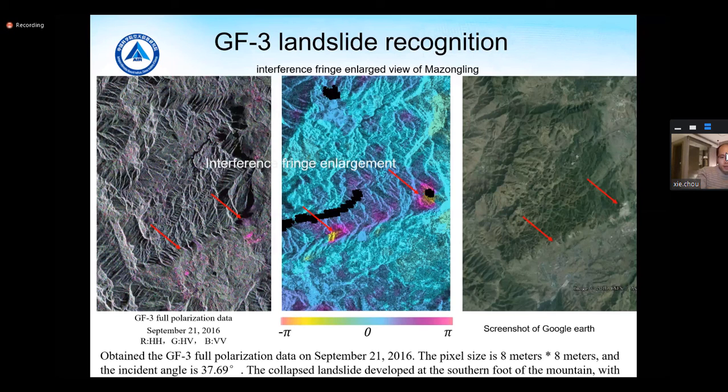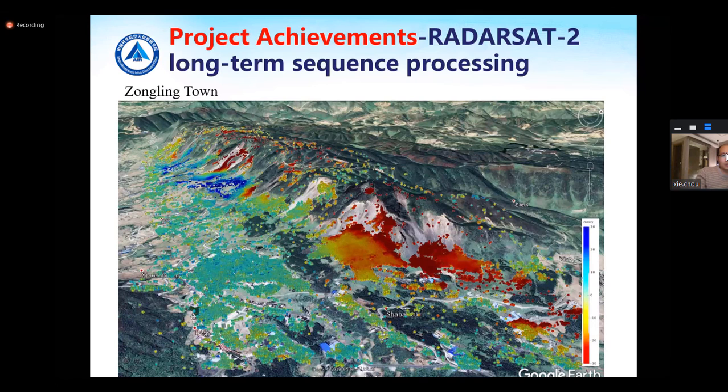The landslide developed at the south foot of the mountain, with gravel at the mountain foot covered by vegetation. The surface scar is very strong and can be clearly identified. Here is the result obtained from time series analysis of dataset 2. We can easily find the landslide area.